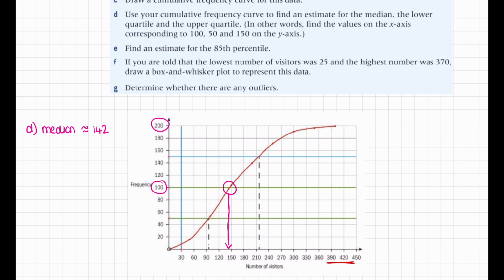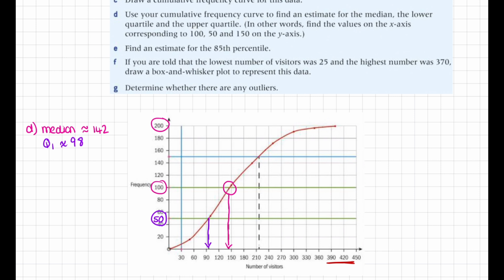Now, our quartile one is 25% of the way through the data for the lower quartile. So if our median is at 100, it's going to be half of 100, which is at 50. So that's this green line here, and where it touches that graph, read down, and we're going to say that quartile one is about 98. Then we're going to do the same with quartile 3.